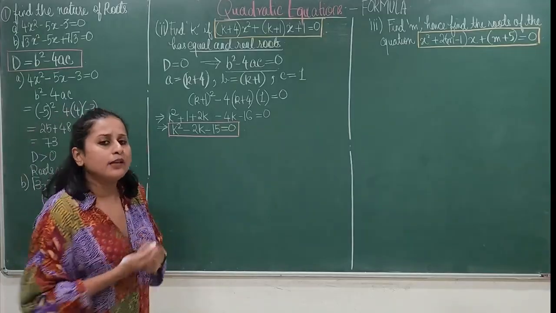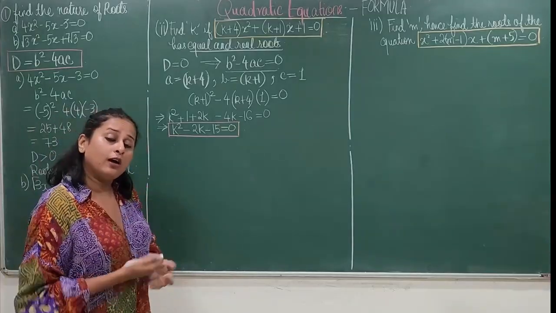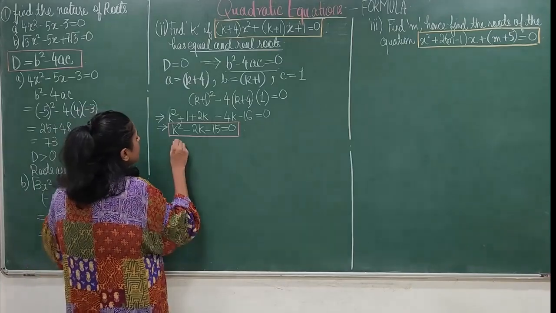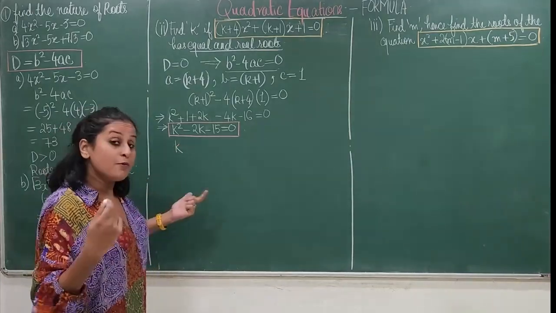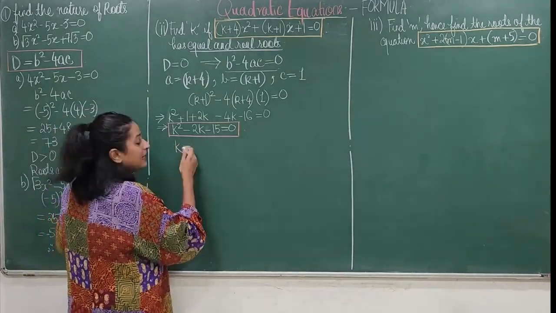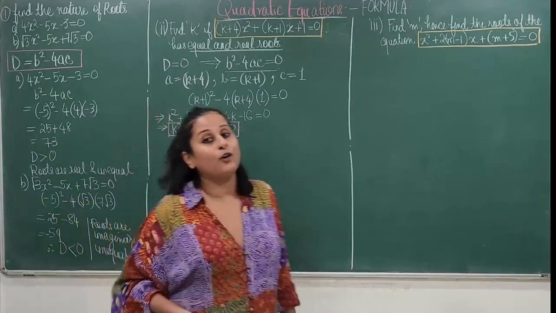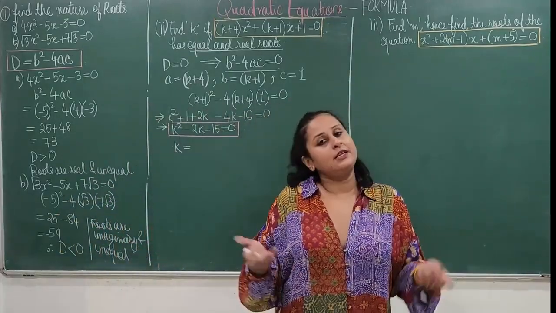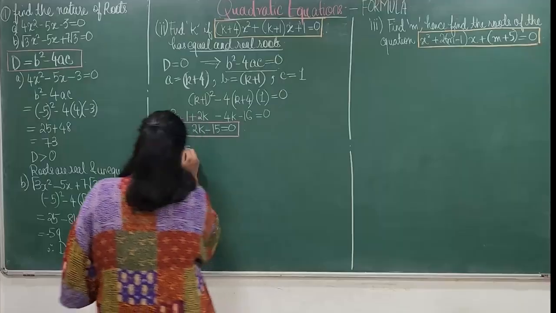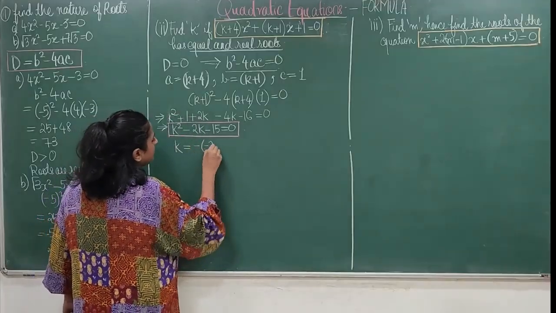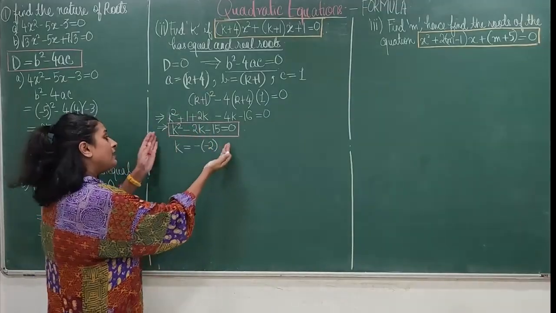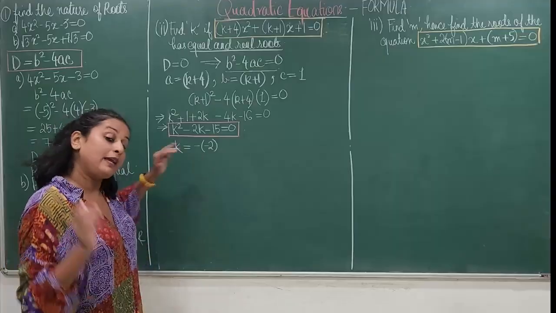How do we find k in a quadratic equation? How do we find the variable? The discriminant method. The formula: k is equal to minus b plus minus square root of b square minus 4ac upon 2a. So let's find the value of k. This is a new equation, and this is its solution, from which we will get k.